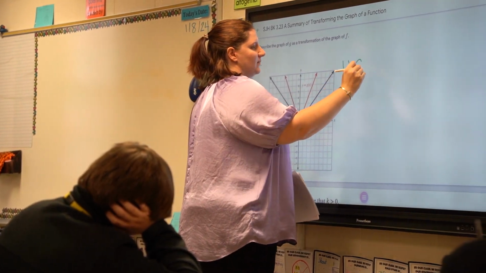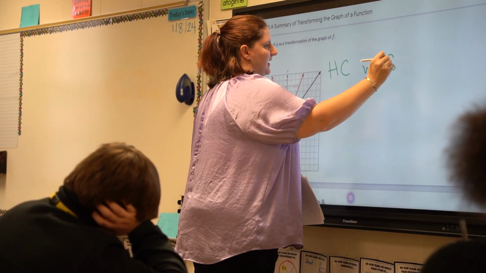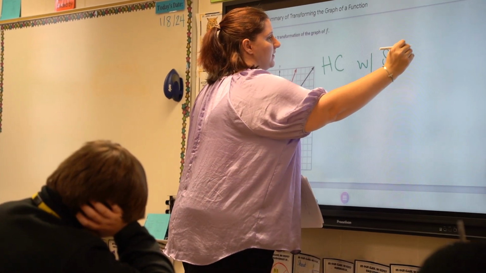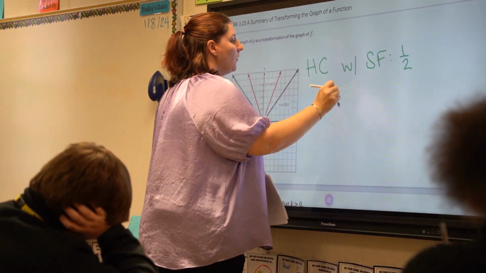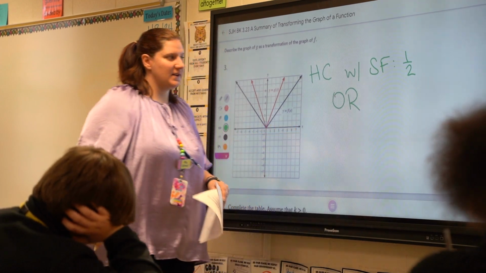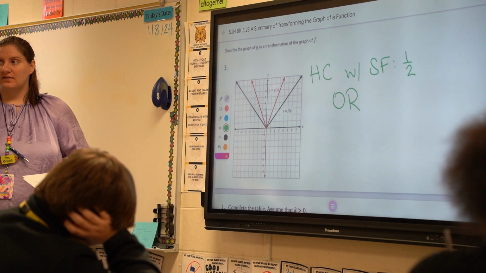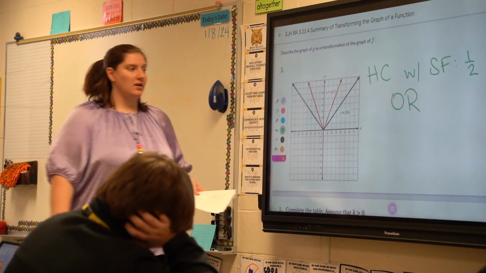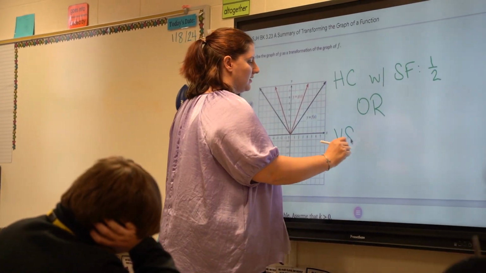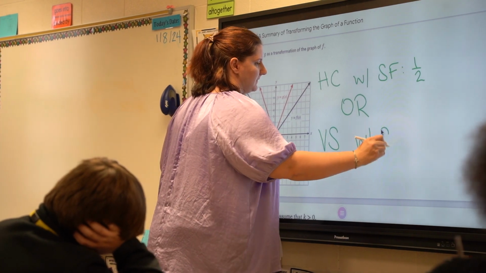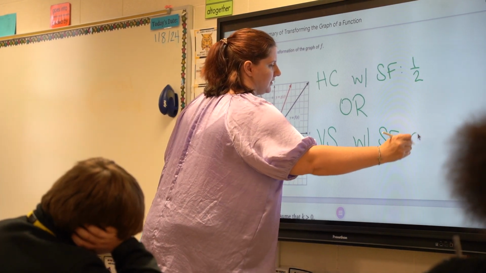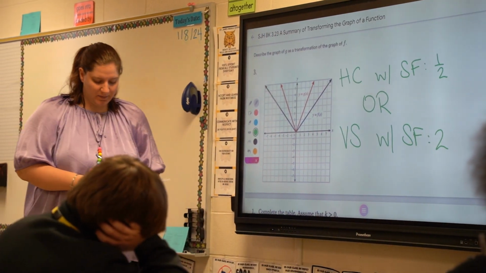So horizontal compression with scale factor of 1/2, or what's the same thing as a horizontal compression? A vertical what? Stretch. A vertical stretch with a scale factor of 2. Remember, those are the same thing.